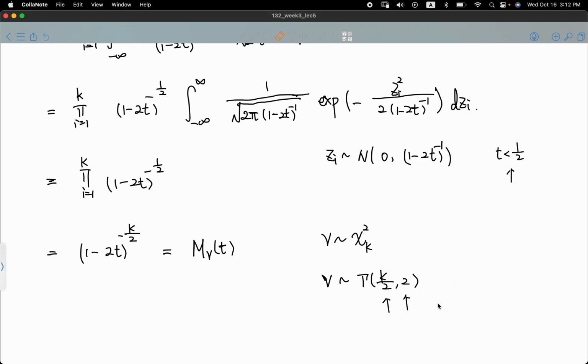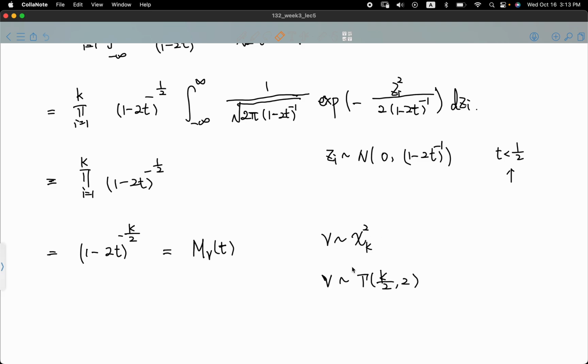So the chi-square random variable also has a similar form for the density function as the gamma distribution. So you can always use the gamma density function to express your chi-square density function.